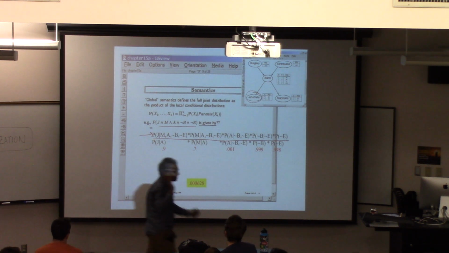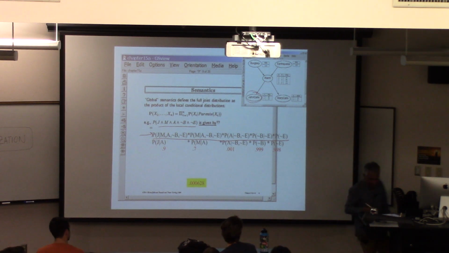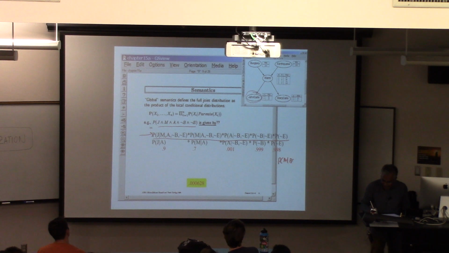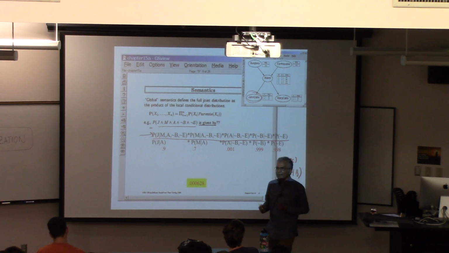Okay? In general, conditional independence is of this type. Any conditional independence assertion will be of this type. P of A given B and C is the same as P of A given B. That's a conditional independence assertion.